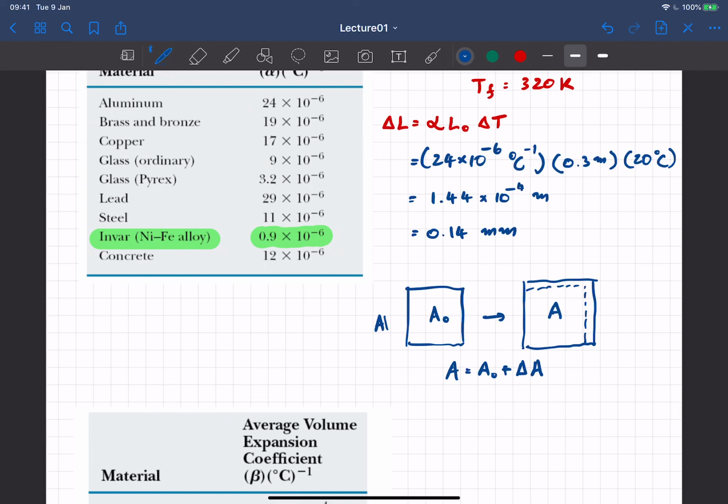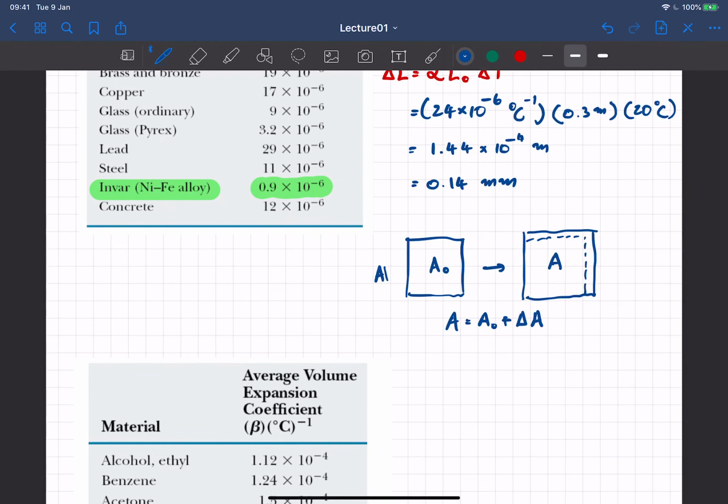So we can talk about the area expansion coefficient, like delta A is some kind of factor here, which I don't know what normally people use. Most of the time people don't talk about this, but I'll just write gamma just for the sake of writing down, times A0 times delta T, right? So this is the change in the area.